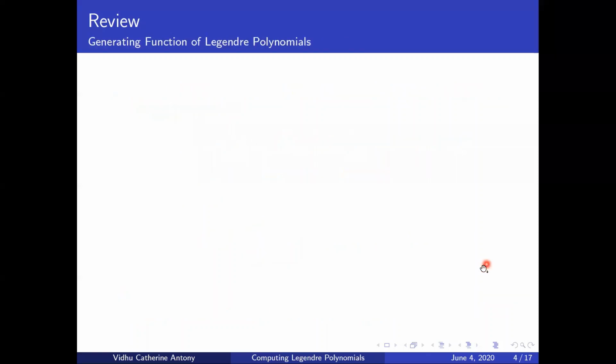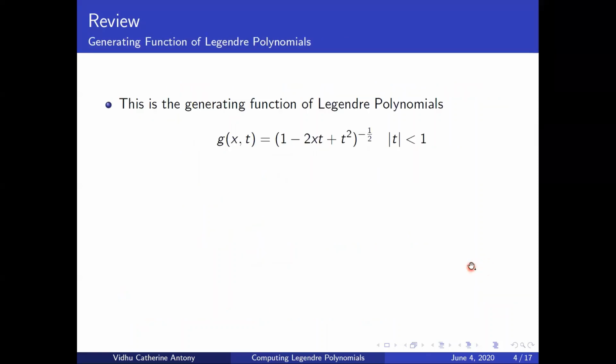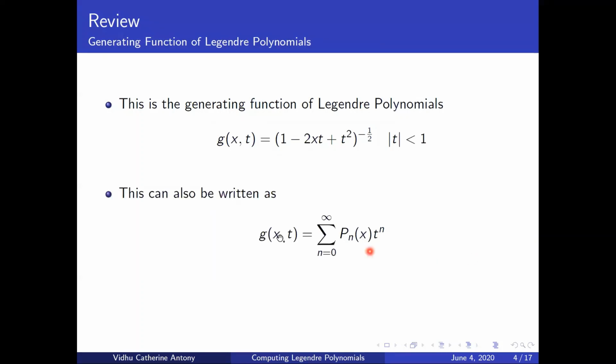Okay, so now we go on to looking at generating functions of Legendre polynomials. We also did this. The generating function can also be written this way: summation of n equal to 0 to infinity Pn of x t power n. What we did was we differentiated these generating functions and found the recursion relations.